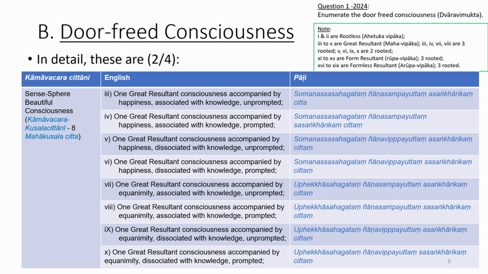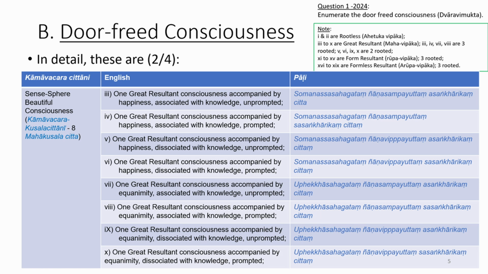Then the fifth one is the 1 great resultant consciousness accompanied by happiness dissociated from knowledge unprompted. Then the 6th one is the 1 great resultant consciousness accompanied by happiness dissociated from knowledge prompted. So the 5th and 6th are also a pair. Then the 7th is 1 great resultant consciousness accompanied by equanimity associated with knowledge unprompted, and the 8th is the same but prompted.